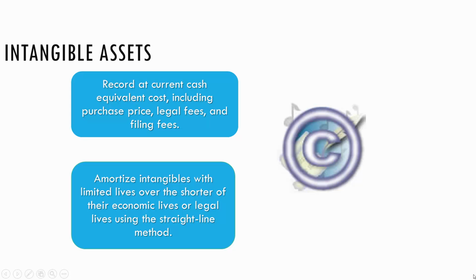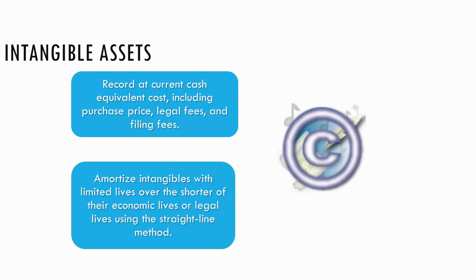So what is it? You amortize it, which is like depreciation, and instead of calling it depreciation, we call it amortization. And if it were depreciation, which method would it be? It would be straight line. So you take a straight line method and you look at it and you say, how long is it useful to me? And you take it over that period of time.